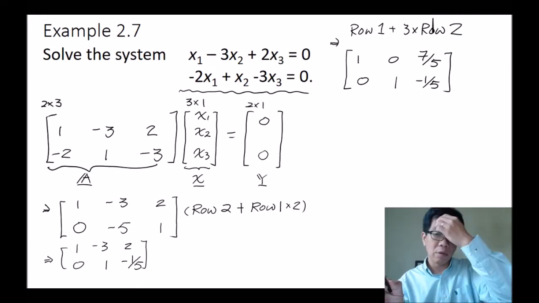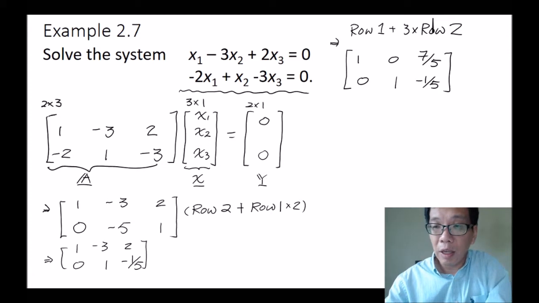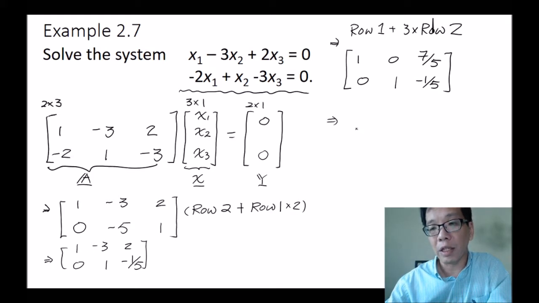Okay, so in this part, if you try to solve from 3 components over here, we can rewrite the linear equations like x1 plus 7 over 5 x3 equals 0, x2 minus 1 over 5 x3 equals 0.